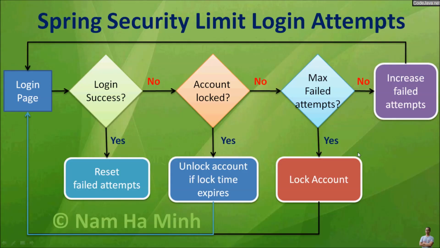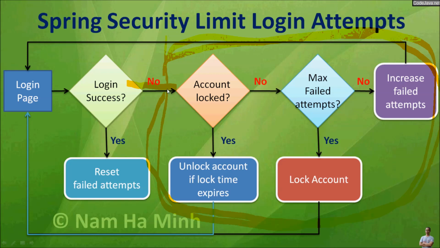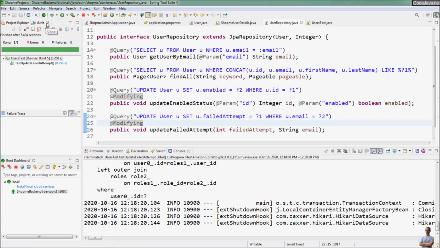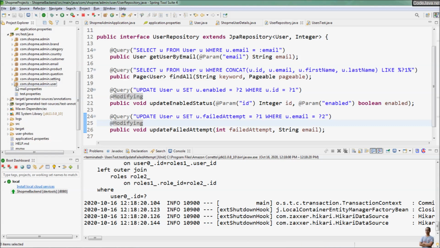Next, in order to implement the workflow of the security feature limit login attempts, we need to implement an authentication failure handler to execute this custom logic upon failed login. If the user fails to login, we need to execute this business logic in an authentication failure handler. So in the project, we need to create a new class here.